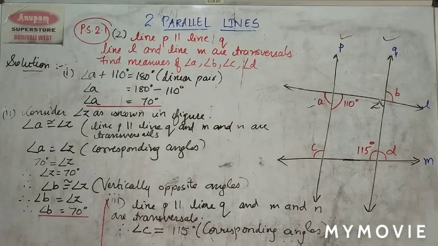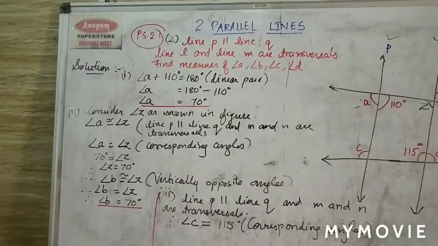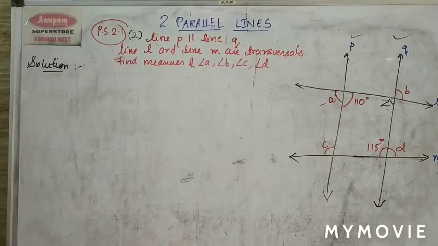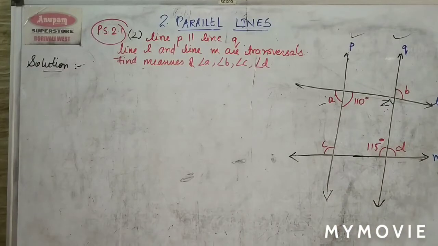And lastly we have to find out angle D. To find out angle D, we will find angle D. If you see, it is adjacent to 115, so we can say that that is a linear pair.